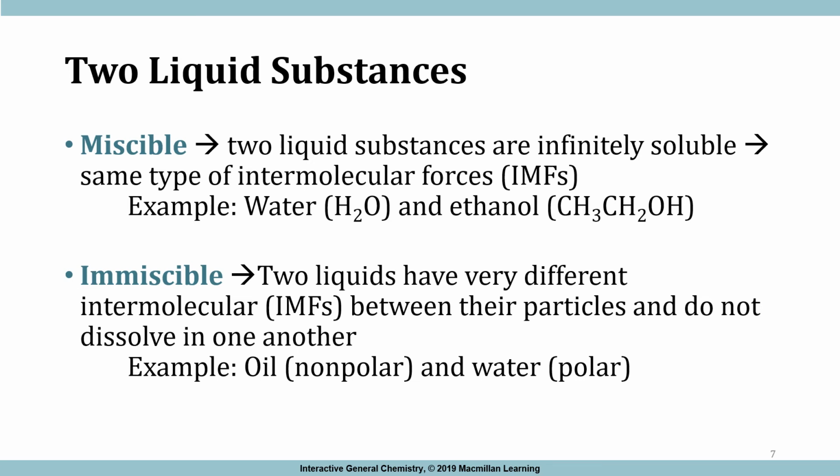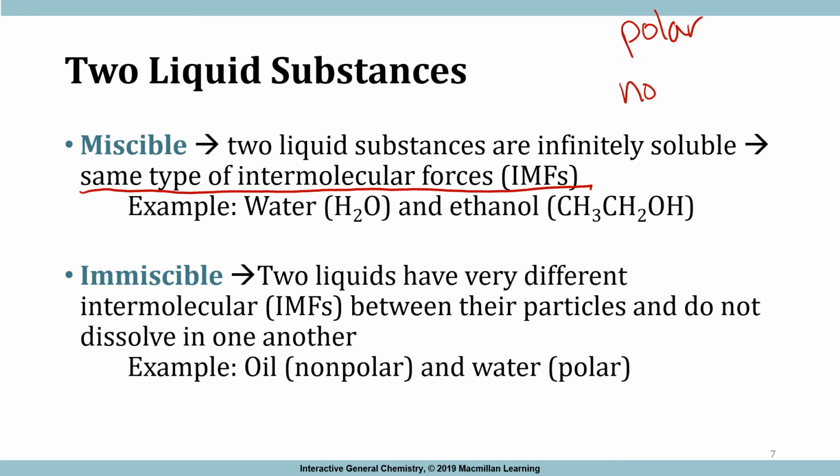Lastly, when we're trying to mix two liquids, it's important to know the difference between miscible and immiscible. Miscible liquids are two liquid substances that are infinitely soluble. The reason is that they have the same type of intermolecular forces. Like dissolves like. If they're both polar, they will be miscible.